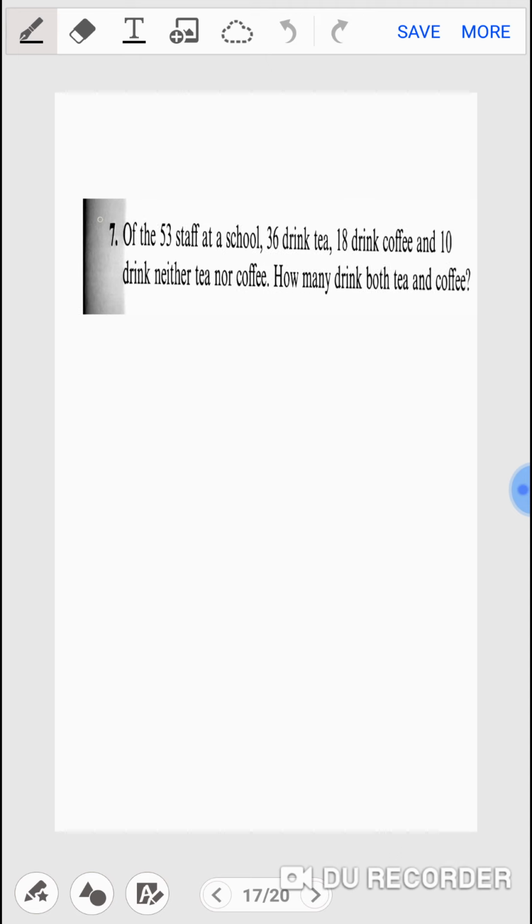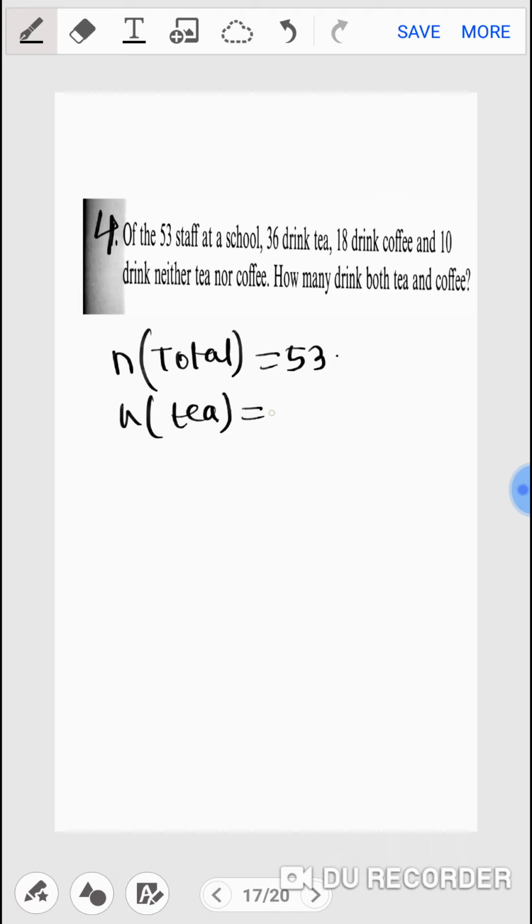I'll jump on to the next problem, number 4, which says: out of 53 staff at a school, so total number of staff is 53. 36 drink tea, so number of people who drink tea is 36. 18 drink coffee, so number of people who drink coffee is equal to 18.